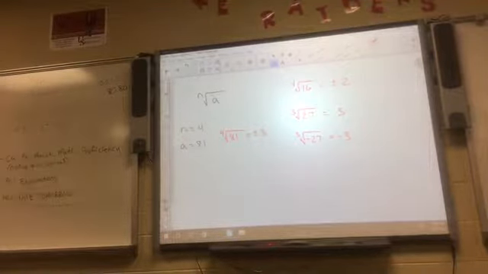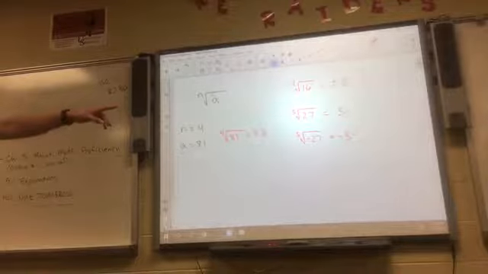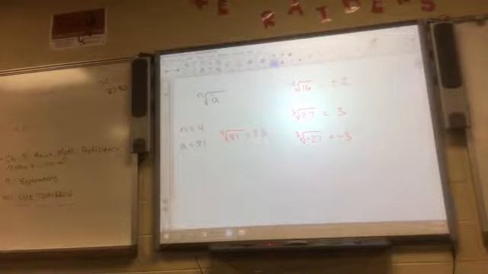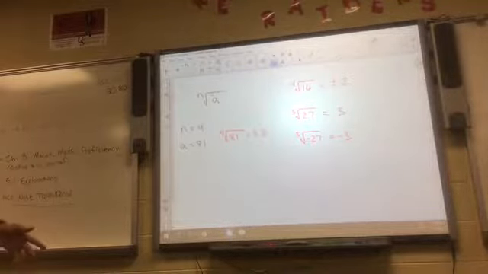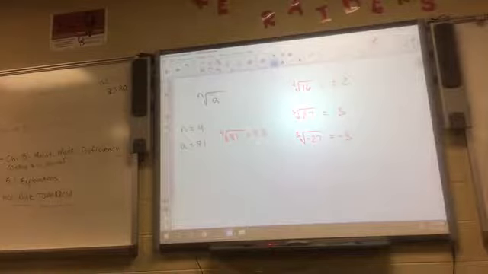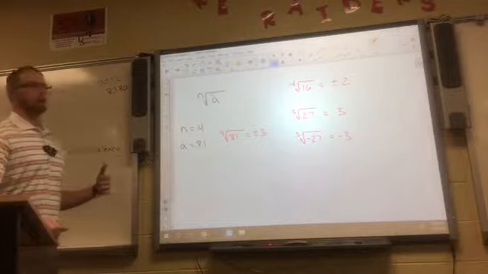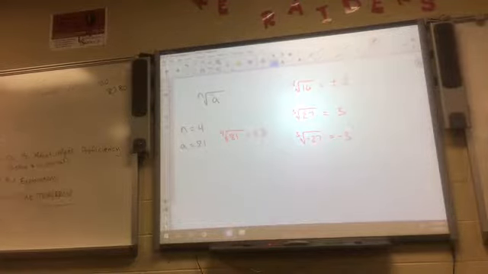You should know that 8 is a perfect cube of 2. You should know that 27 is a perfect cube of 3. You should know that 64 is a perfect cube of 4. You should know that 125 is a perfect cube of 5. Past that might not be necessary, but those other ones that I just talked about, you're going to use a lot. So you should know those.